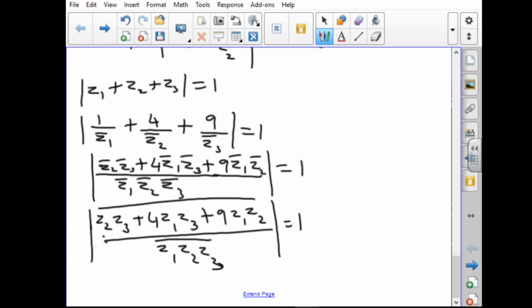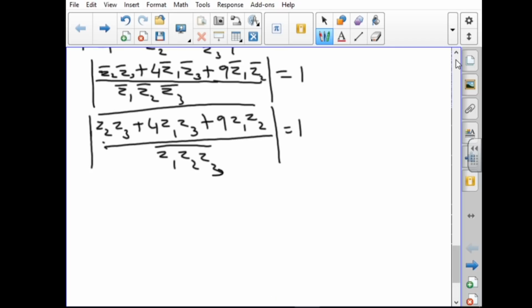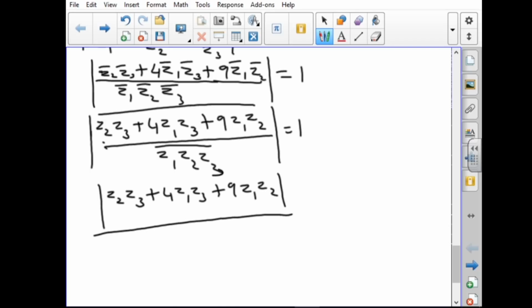Now we know that modulus of z bar is equal to modulus of z. So we get modulus of z2 z3 plus 4 z1 z3 plus 9 z1 z2, by modulus of z1 z2 z3, is equal to 1.